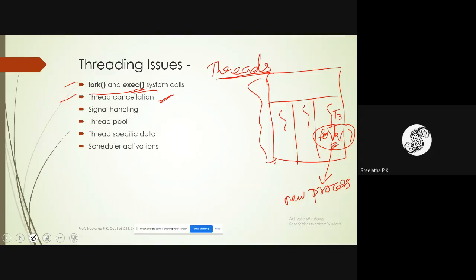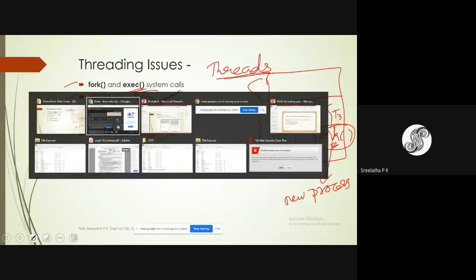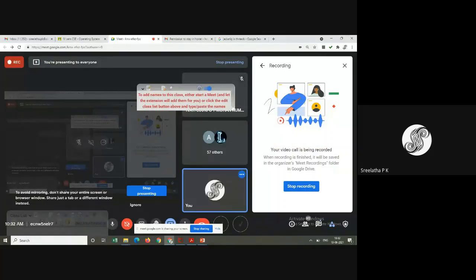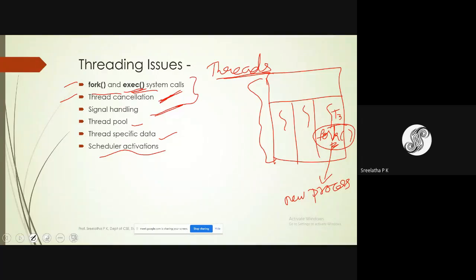So how can a thread be terminated, cancelled? That we'll see. And signal handling, what happens in signal handling? What is the thread pool, thread specific data, scheduler activation? All this is the next topic, threading issues.